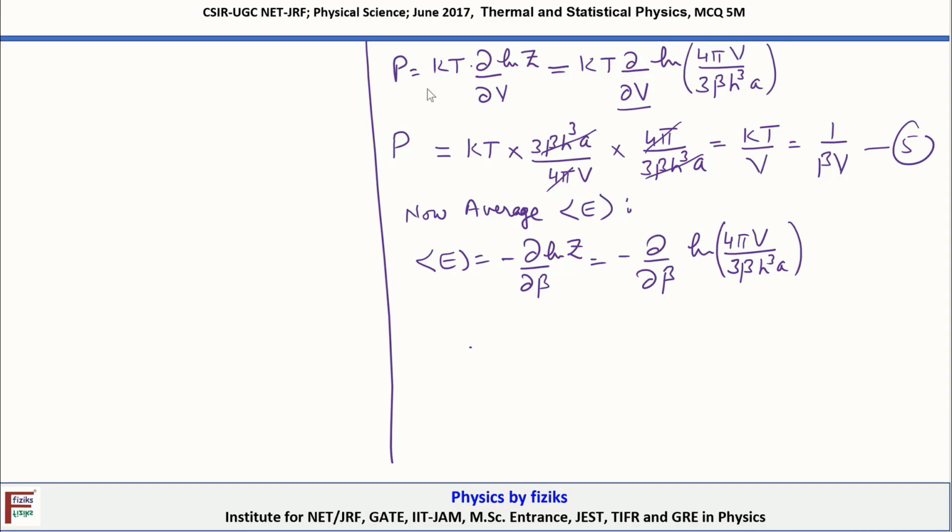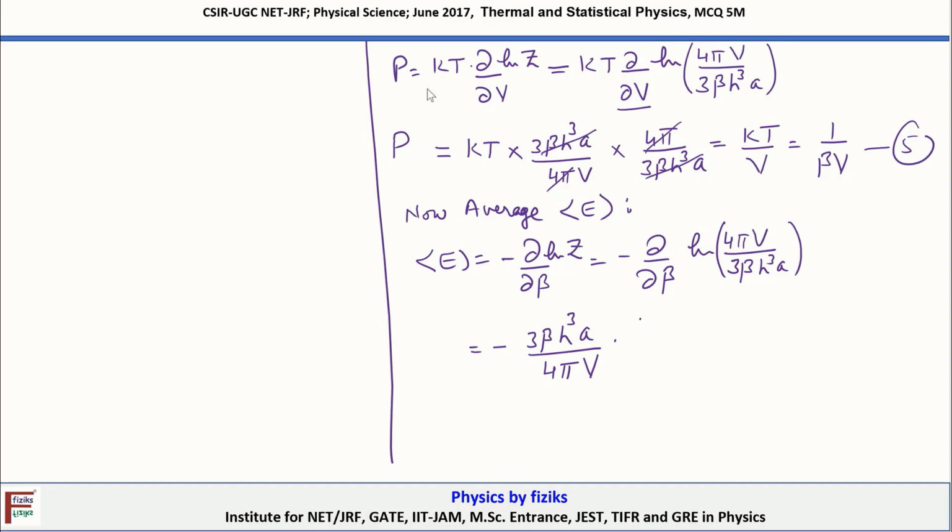This is further equal to minus, again 1 by x, so that will be minus of 3 beta h cube a upon 4 pi V, and then the differential with respect to beta.